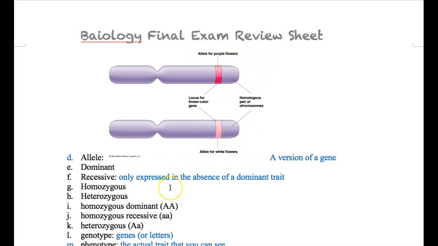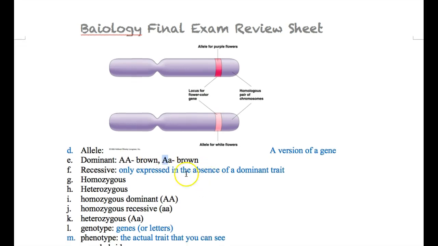A dominant allele will be like a big A. If you have big A, then you still have brown eye. And big A, little a, that's still brown eye because brown is the dominant allele. Recessive, you only have blue if you have two recessive alleles, little a.